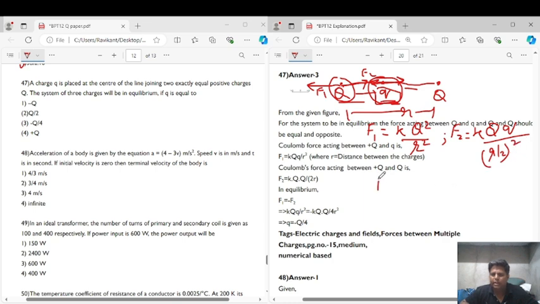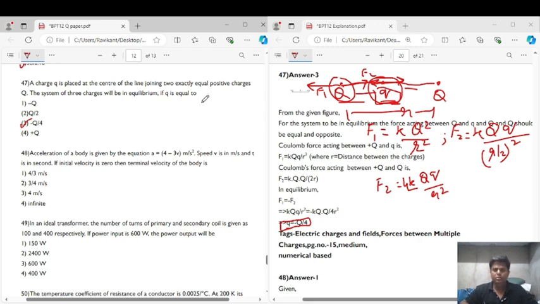So F2 is equal to 4K Q into q upon R square. Equating these two, K Q q upon R square is equal to K Q square upon 4R square, and solving it we get small q is equal to minus capital Q upon 4. So the correct answer for question number 47 is option 3, that is minus Q upon 4.